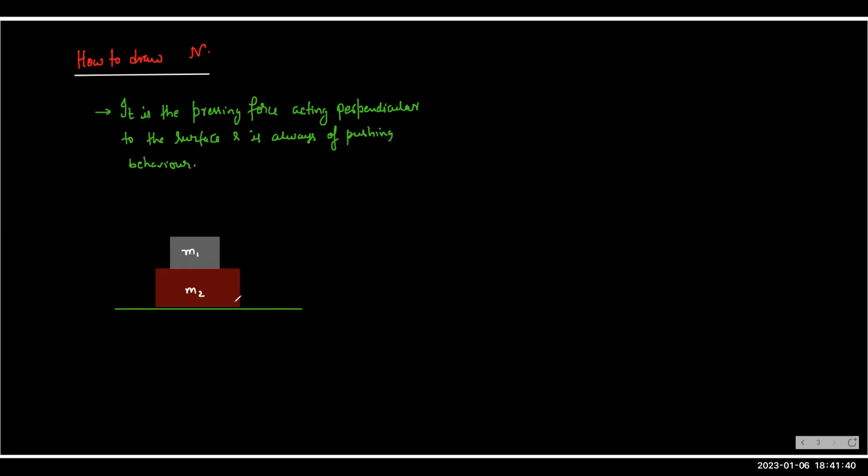For M1, how many contact surfaces can you see? One. And for M2? Two. Very good. M1 and M2 have different numbers of contact points. M1 has just one.